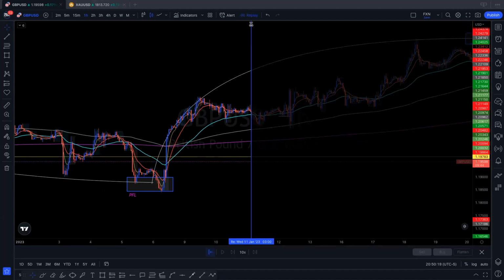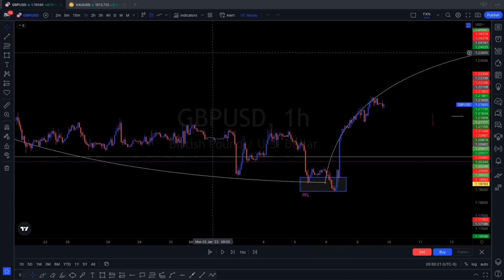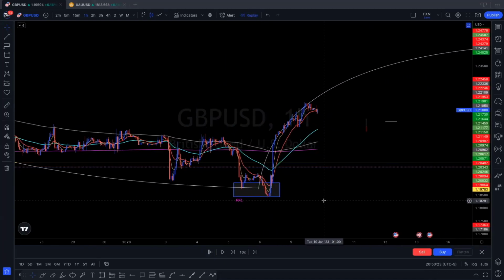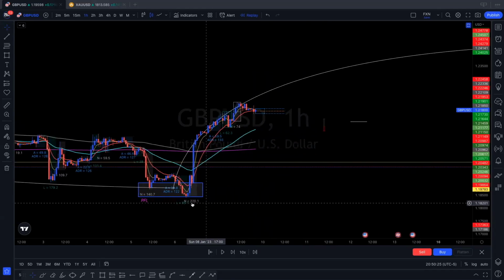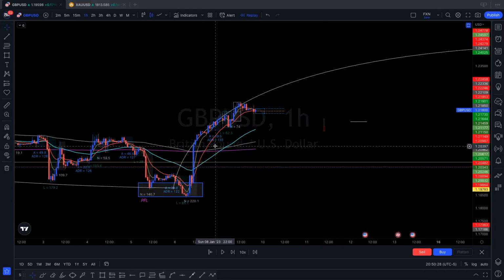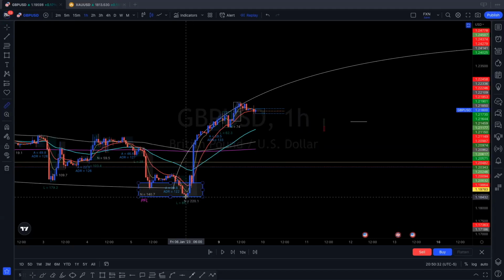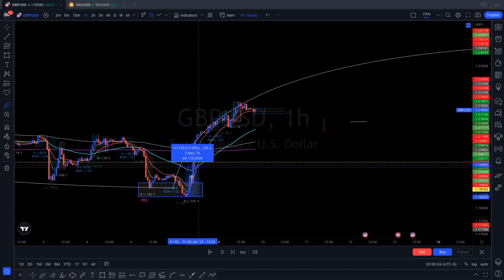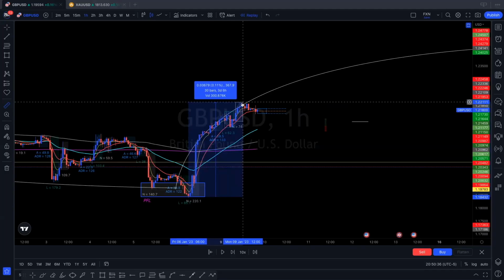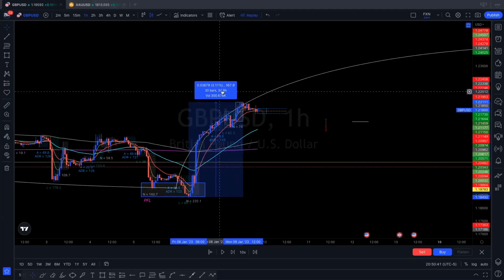So if you go back to this area here, what's the ADR? The ADR is about 130, basically 133. So you measure from the crossover, which is here, and you're way more than 133.